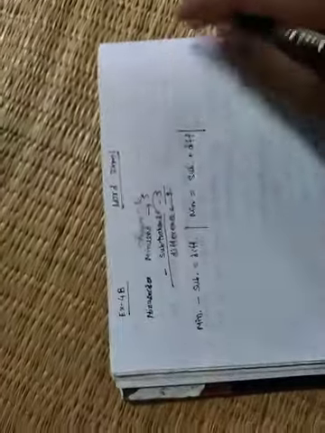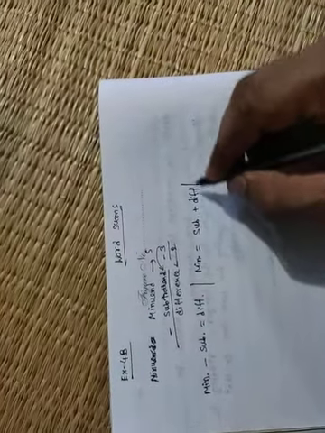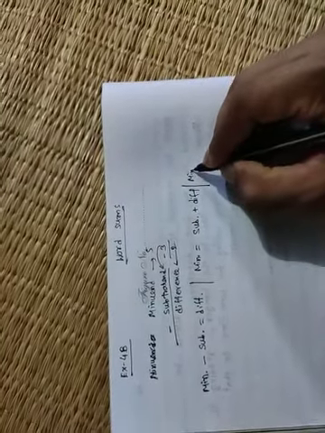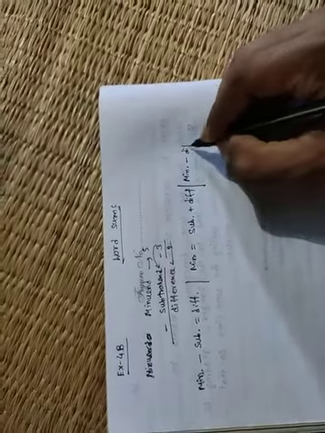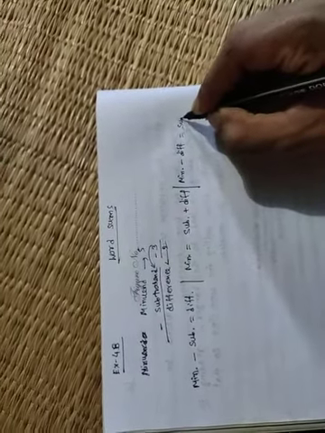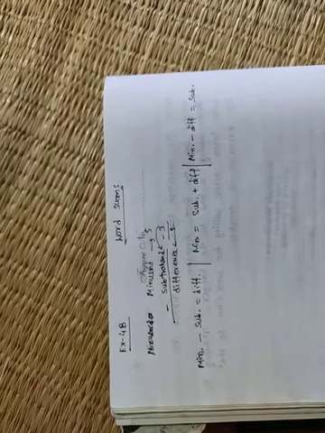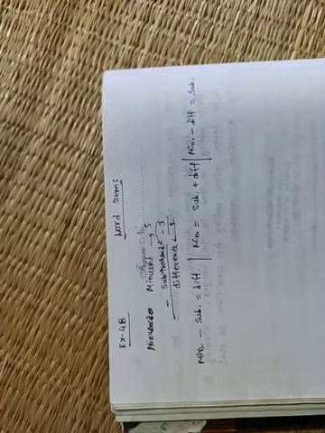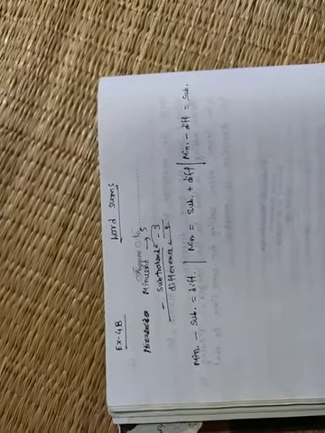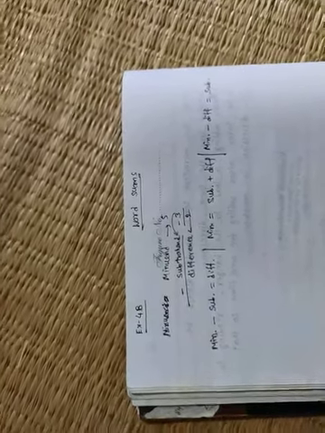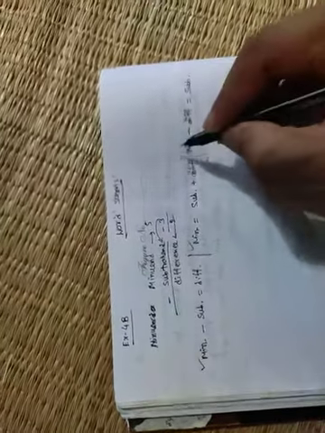Again we can write minuend minus difference is equal to subtrahend. Anything else we can write from here? No. So you have to remember these 3 formulas to solve this exercise.